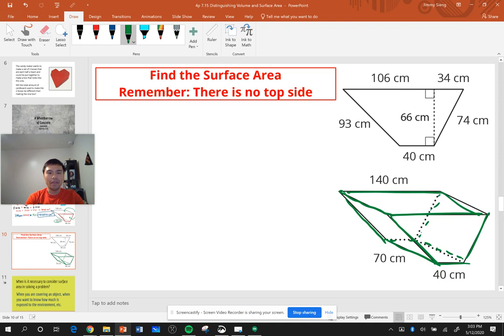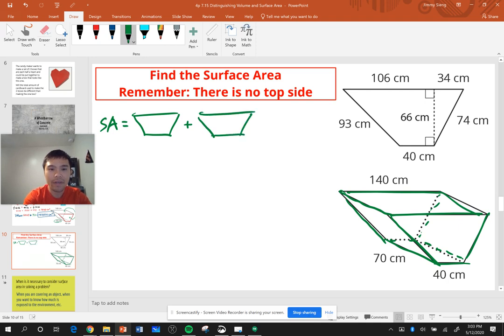Or remember, to find the surface area, so the surface area I'll call SA, that's just going to be the 2 bases of the prism, which we know the area of those 2, plus the longer net, right? This is going to be the net.